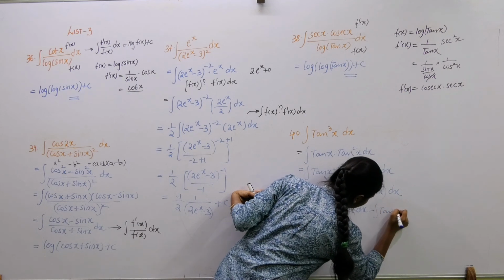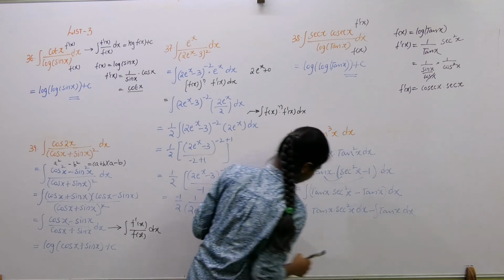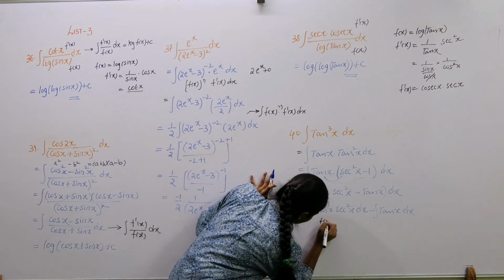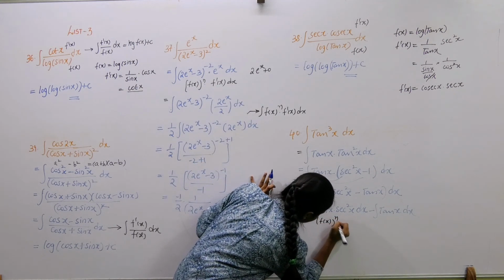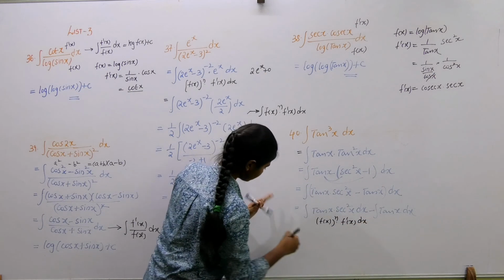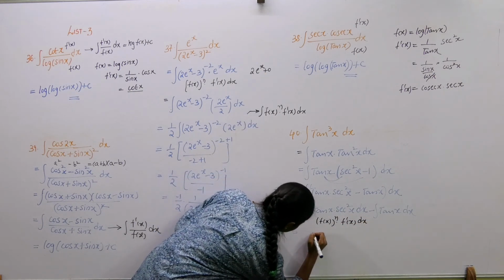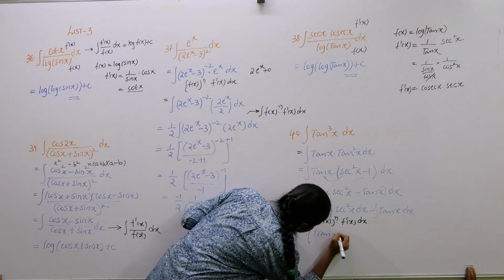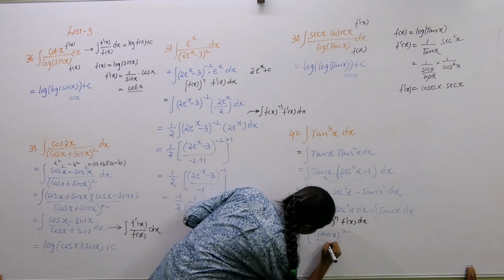integral tan x dx. Now this is in the form of integral f of x whole power n into f dash of x dx. It equals tan x power 1 plus 1, that is 2, by 2.